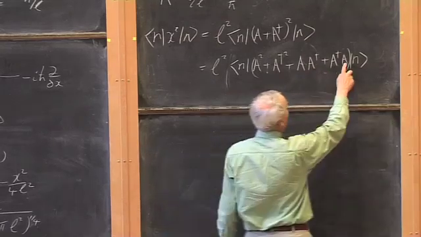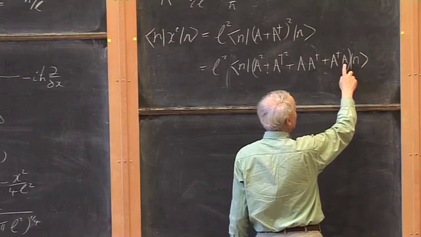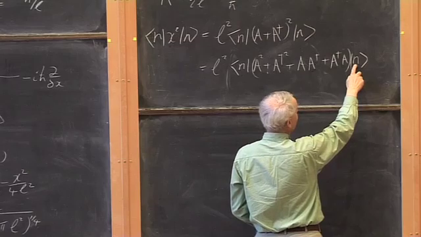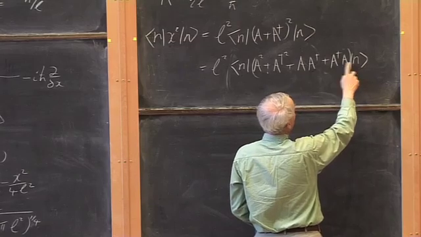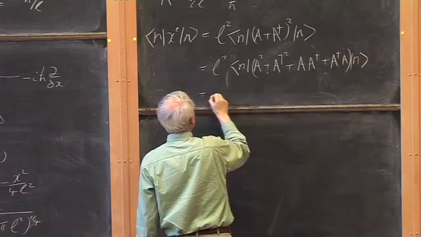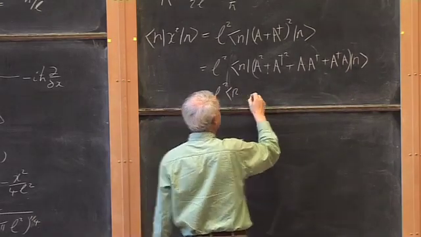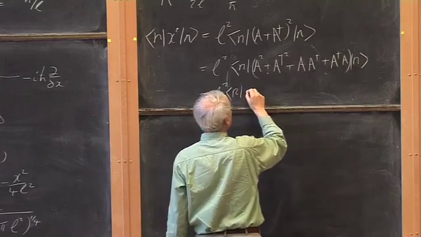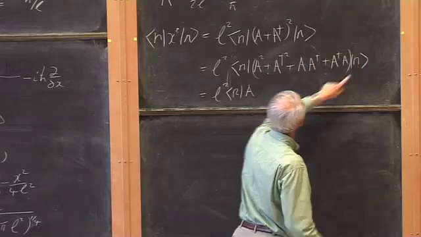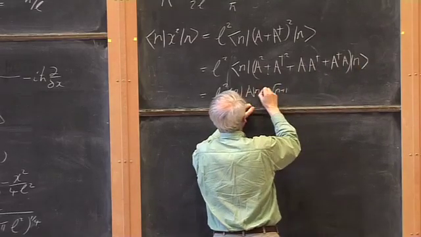We know that A on this produces root n times n minus 1, and this produces root n. Let me write this out. So this is going to be L squared of n A. Now, the A dagger on this is going to produce root n plus 1 of n plus 1.